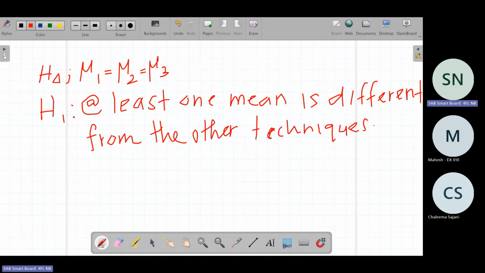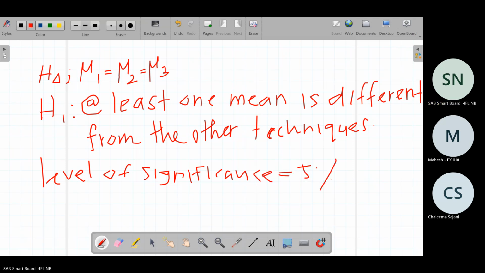Here you can easily write down H naught and H1. Same objective. Okay? Then you need to mention the level of significance. What is the level of significance in here? Question says 5%. Here you write down level of significance equal 5%.